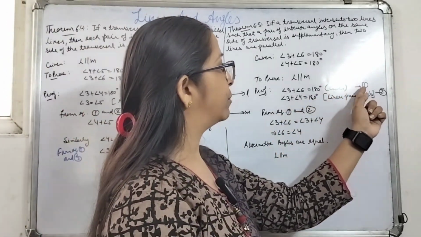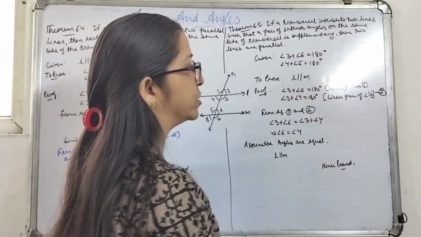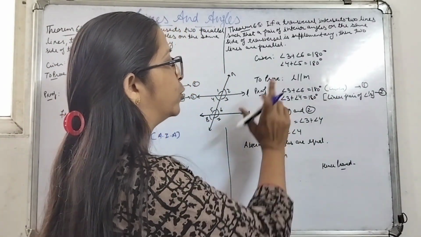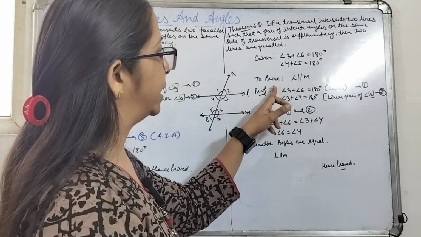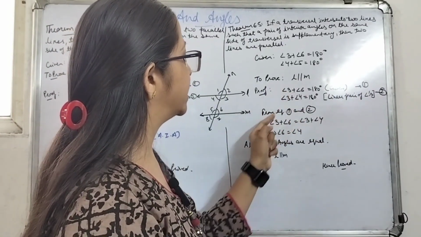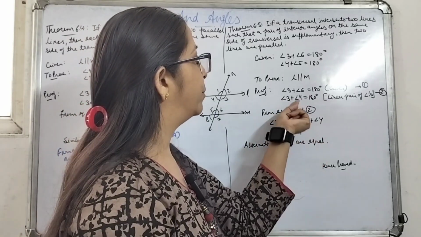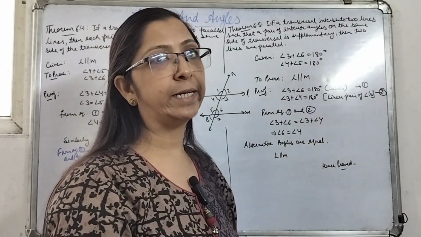If this is equation number 1 and this is equation number 2, the right hand side of both equations is the same, so we can equate them. So from equation number 1 and equation number 2, angle 3 plus angle 6 will be equal to angle 3 plus angle 4 because both were equal to 180 degrees.